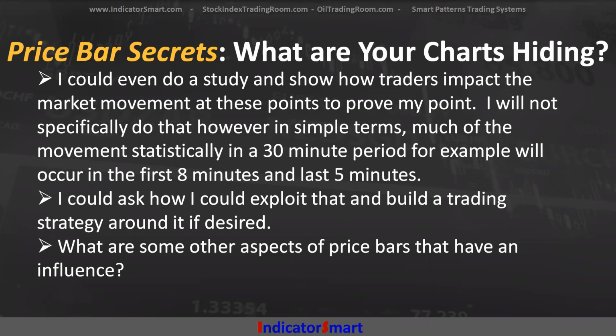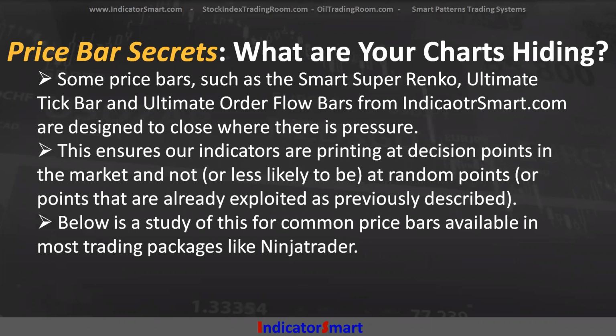We kind of operate at another level above that, so we're already taking that into consideration with the way we do it, say, in the trading room. So what are some other aspects of price bars that have an influence? Some price bars, like Smart Super Renko that we use in the trading room, ultimate tick bars, ultimate order flow bars from Indicator Smart, are designed to close where there is pressure, where the market's moving, where it's being pulled to.